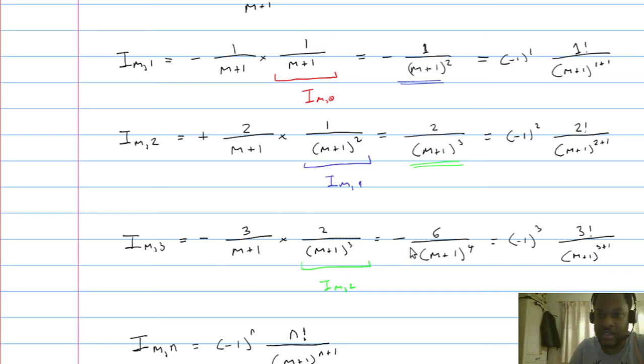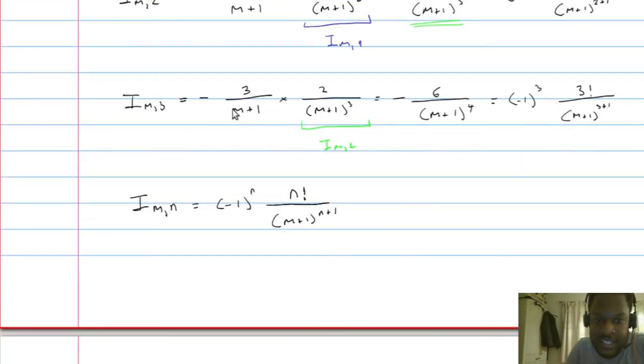I'll tell you why the pattern has to hold. Every time, to get the next one, to get I_{m,4}, what we have to do is multiply the numerator by 4, and that will always turn the previous factorial into the next factorial. So 3 factorial times 4 is 4 factorial. 4 factorial times 5 is 5 factorial.